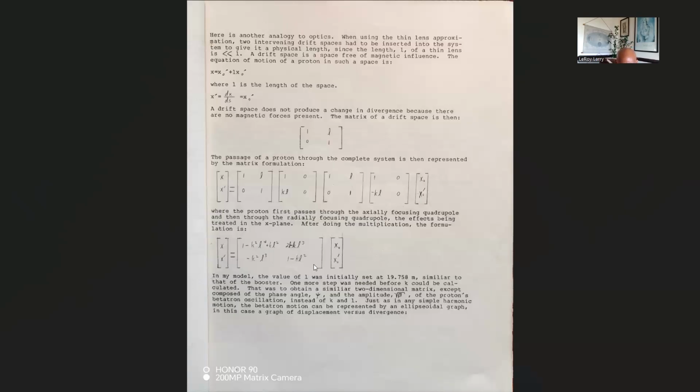Instead of the force constant K and the length of the quadrupole magnet, we want to switch coordinates and go to what's called the phase angle phi and the amplitude beta, okay?